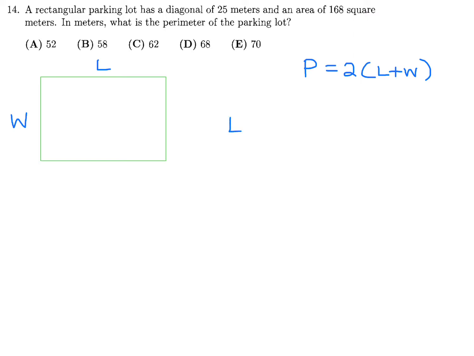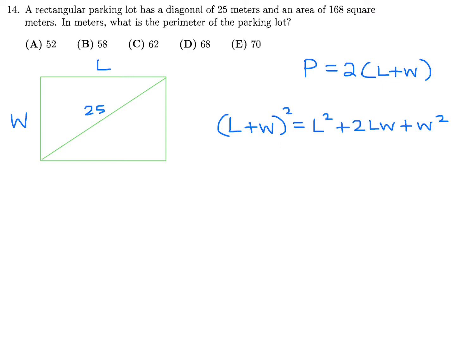Now we use a little bit of algebra here. (L plus W) squared, if you were to do that, of course, you would get L squared plus 2LW plus W squared. Then we take into consideration the fact that they gave us some very important information. They gave us that the diagonal is 25.